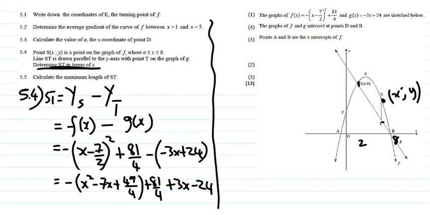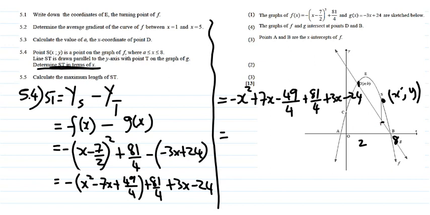Now we're going to have, what's going on with this here? Minus x squared plus 7x minus 49 over 4 plus 81 over 4 plus 3x minus 24. Ms. Johnson, you're quick on the calculator, so would you deal with the constants for me?